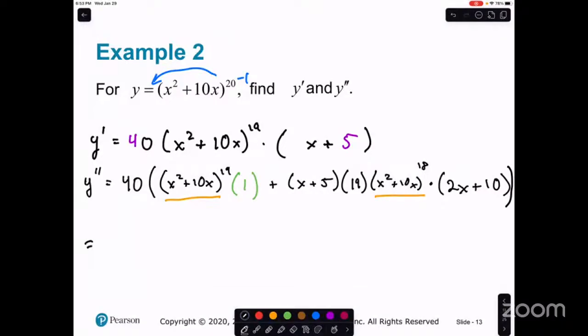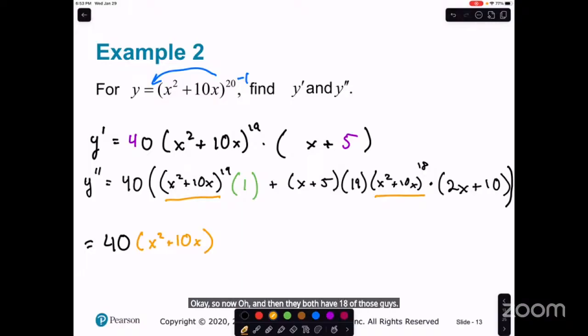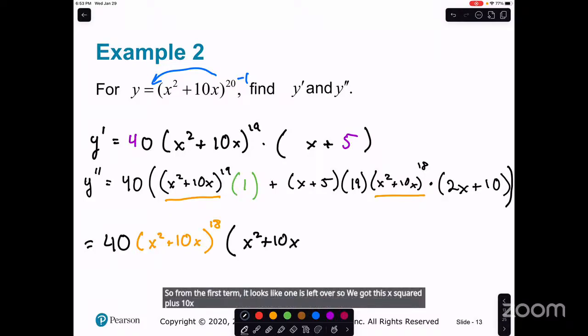So I'm going to keep my 40. We're going to factor out this x squared plus 10x. Okay. So now, oh, and then they both have 18 of those guys. Okay. So from the first term, it looks like 1 is left over. So we got this x squared plus 10x. Okay. These are gone because we took out 18.